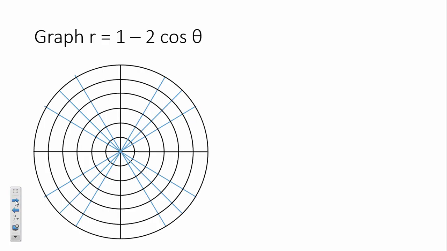So we're going to graph r equals 1 minus 2 times the cosine of theta. So sine or cosine tells us which way it's going to open, right? This is a cosine, so we know it's going to go horizontally. Negative in front of the cosine means it's kind of coming on this side.